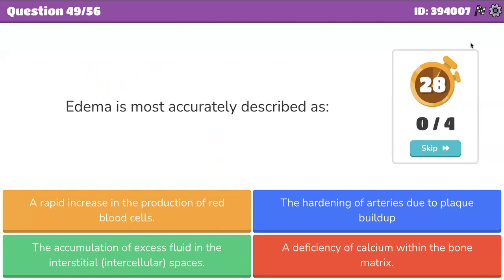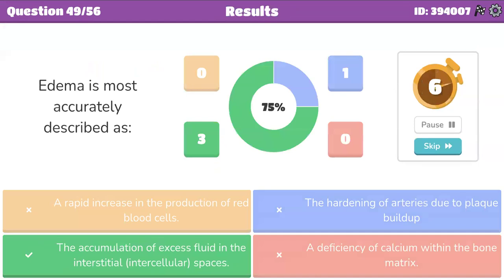Edema is most accurately described as the accumulation of excess fluid in the interstitial spaces.